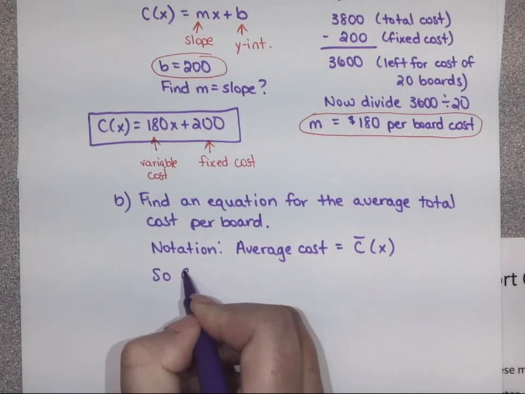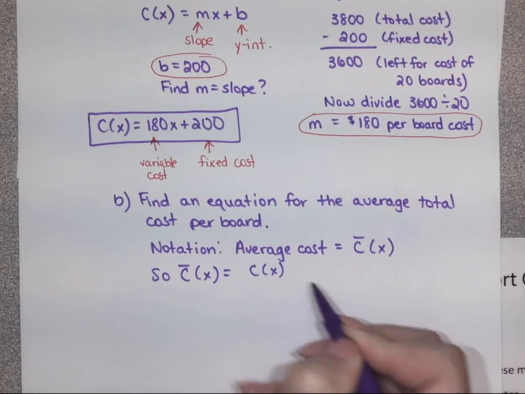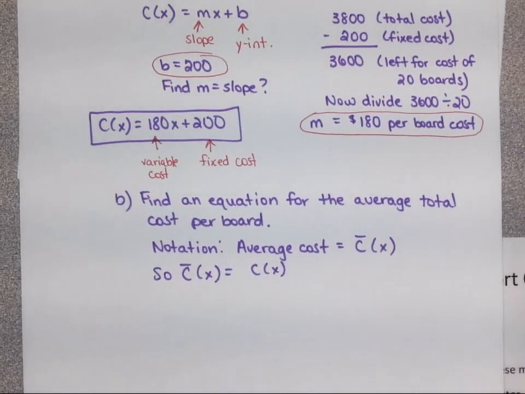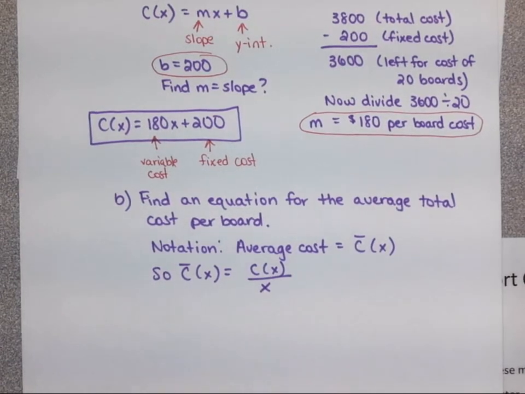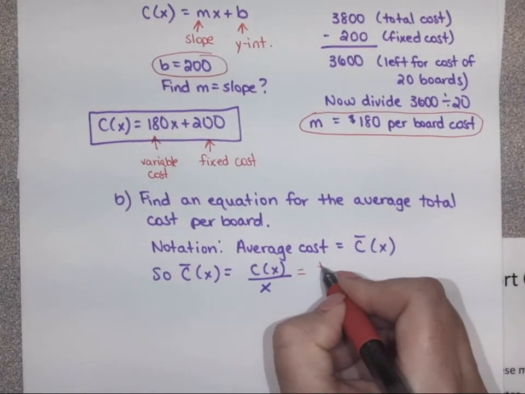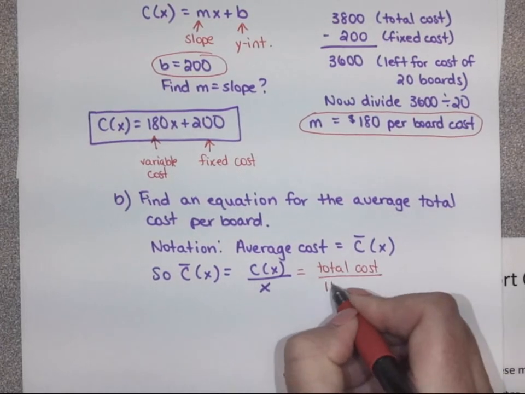So that means if we want C bar of X, we just need to take the cost equation, whatever it is. In this case, it's 180X plus 200. And then we just need to divide by however many items we have. Okay. So in other words, we are essentially doing just what we just said. We are taking total cost and we're dividing it by the number of boards.